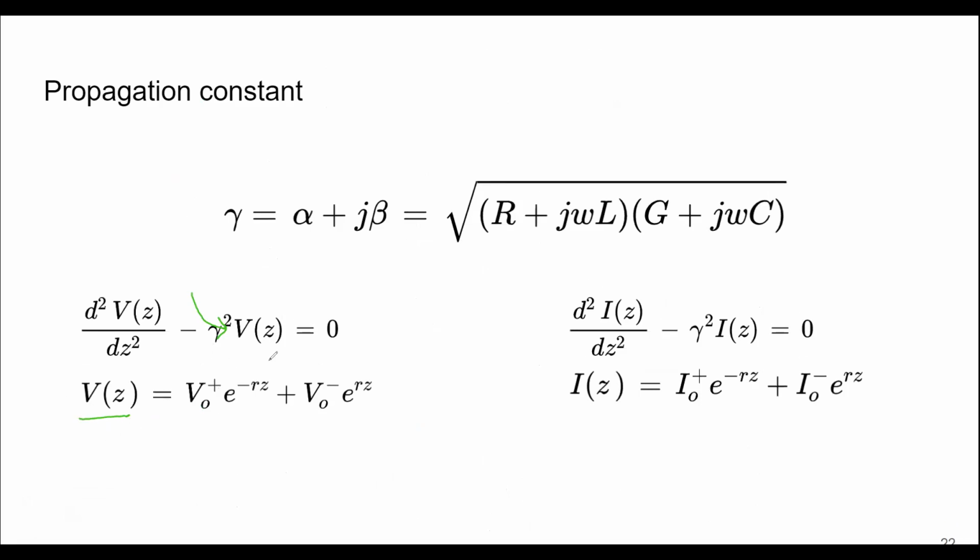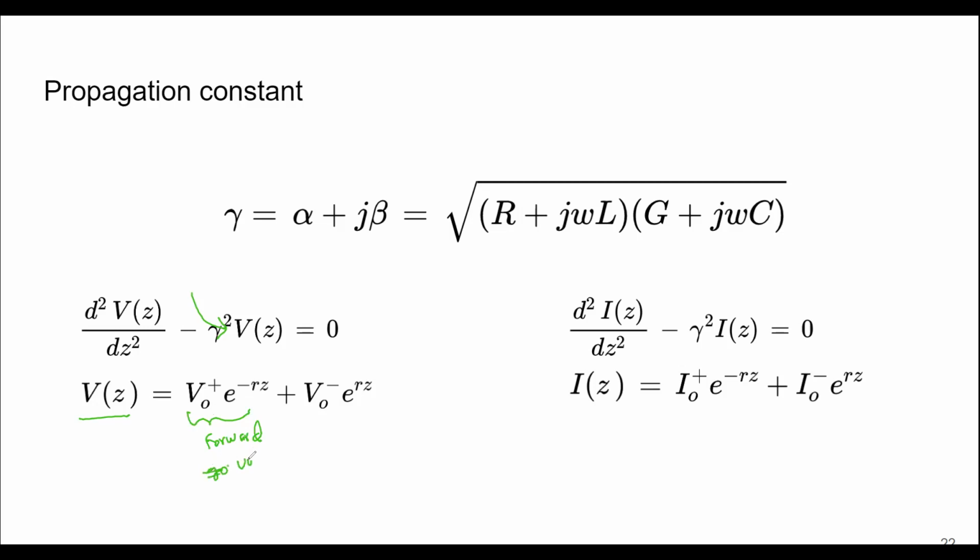We are taking the voltage with respect to Z variation only. We are considering the voltage variation at each location, assuming we are considering one time instance. For that case, we again have the solution for the voltage as the forward going voltage and the backward going voltage.